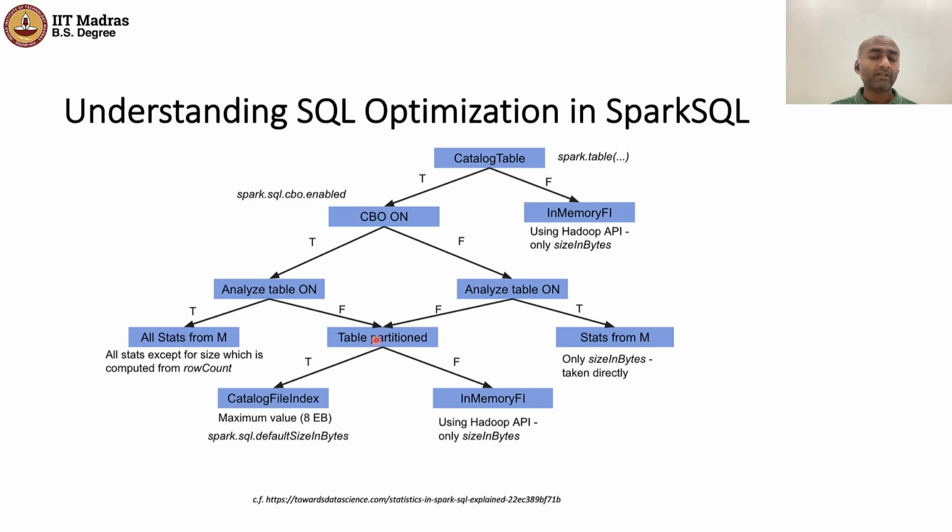If the table is indeed partitioned, because the number of files can be large, by default Spark assumes that the size of the table is the default configuration, which is the default size in bytes, and that's a value which is set by default as 8 EB. 8 EB is basically 2 to the power of 60 bytes. That's massive, way bigger than petabytes.